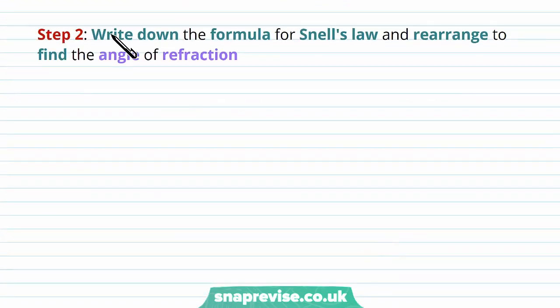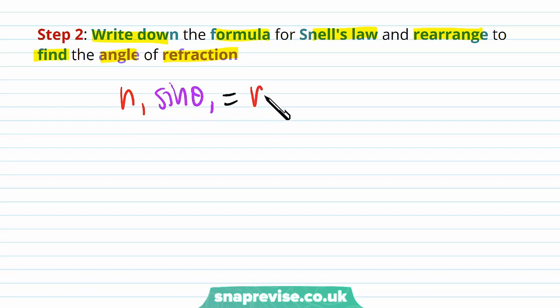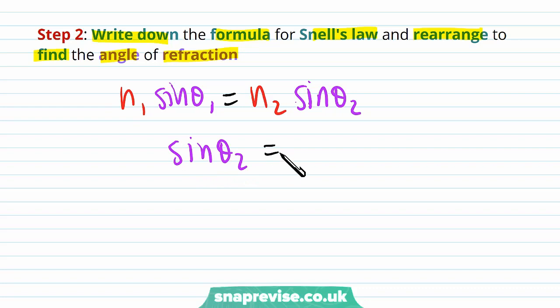Our next step is to write down the formula for Snell's law and rearrange to find the angle of refraction. So Snell's law tells us that n1 sine theta 1 is equal to n2 sine theta 2. And we want to rearrange this for theta 2 because that's the angle of refraction. So first of all, we're going to divide both sides by n2. So we therefore get that sine theta 2 is equal to n1 sine theta 1 divided by n2.